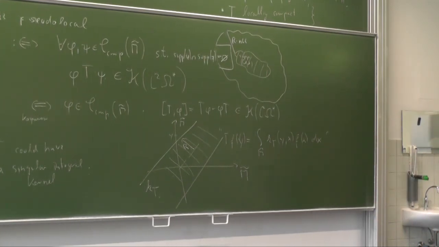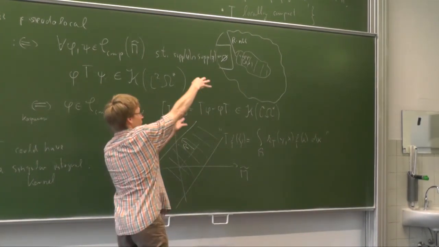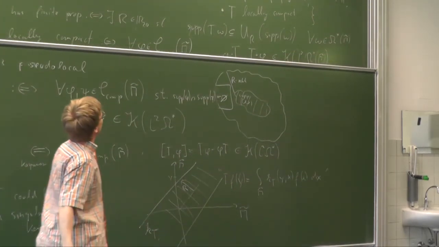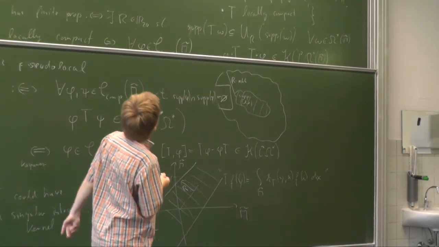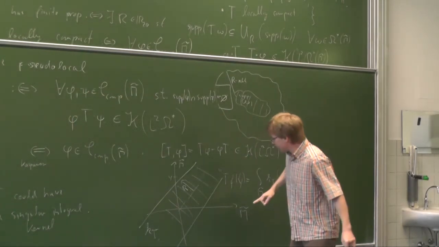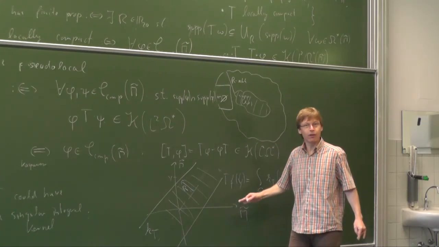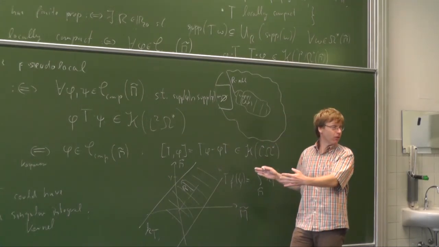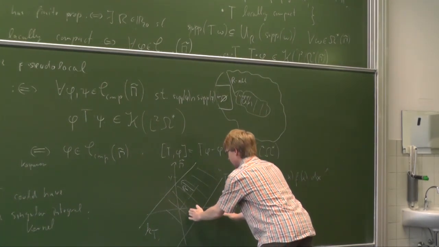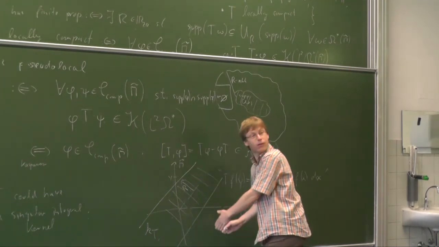Okay. What does it mean to be equivariant? Of course, that is some equivariance property of this kernel. So that's easy. What does it mean to be locally compact? Well, if we multiply from either side with phi, think of phi as being a characteristic function of a compact set. Then we just take out this part first, and the integral kernel is relevant only in the strip above that part.